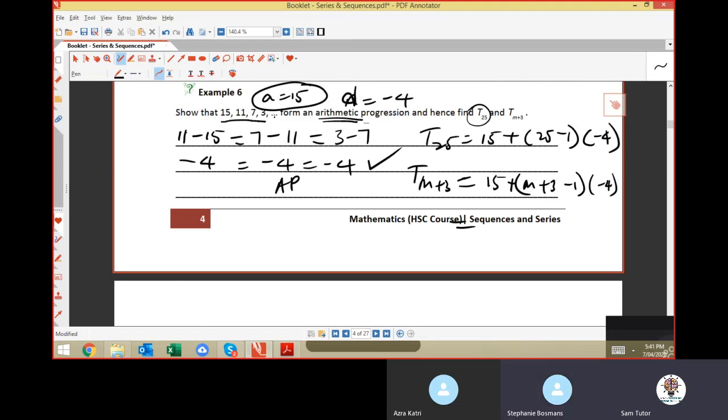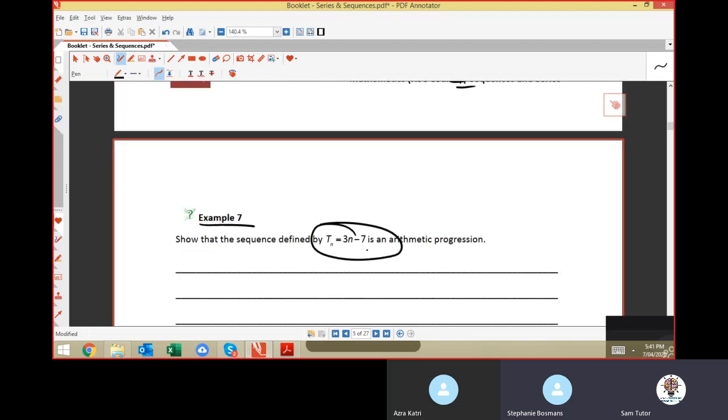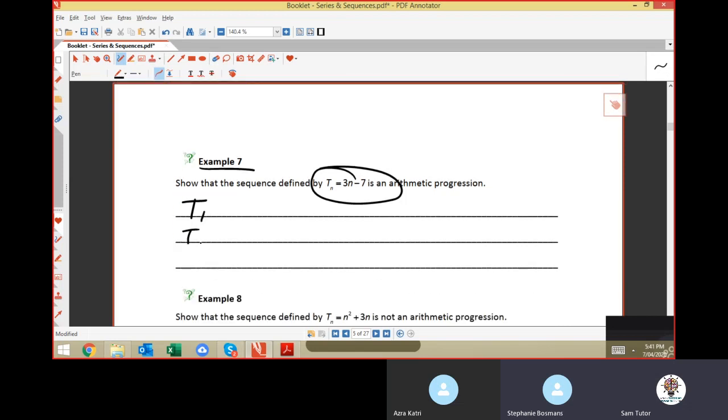We had the first 4 numbers, and then we found D. In this case, we don't exactly have D, so what are you going to do? You're going to create T1, and T2, and T3. And then hopefully, when you get this number, and this number, and this number, you're going to subtract them and find the common difference.